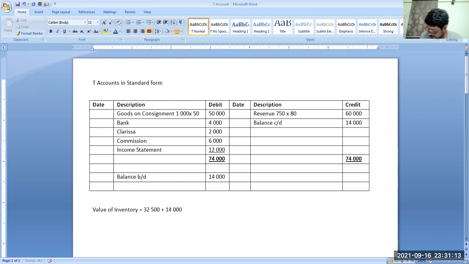So your total value of inventory would be how much? 32,500 plus 14,000. Answer is $46,500. Done? Getting my point clear? Okay.